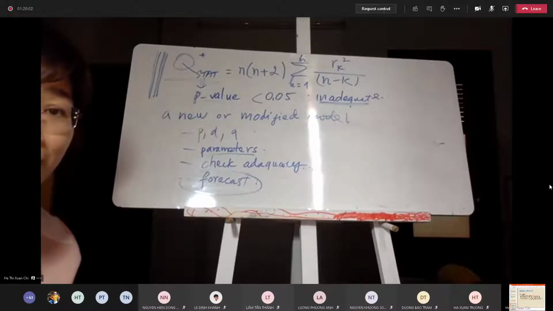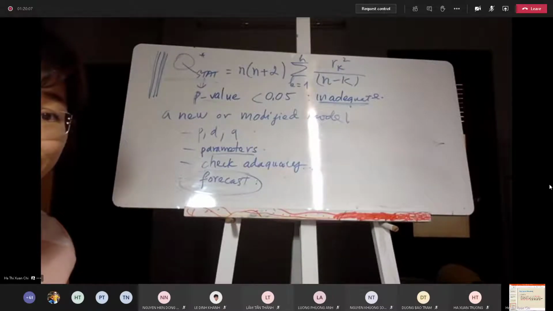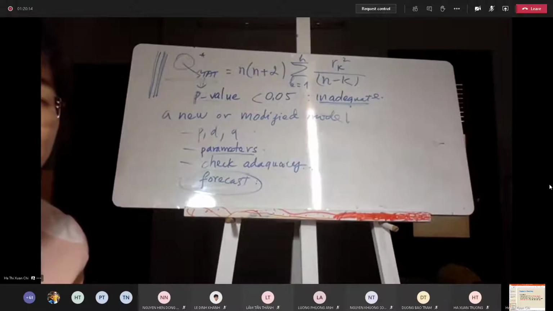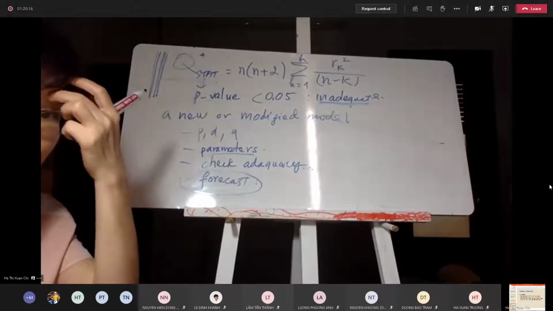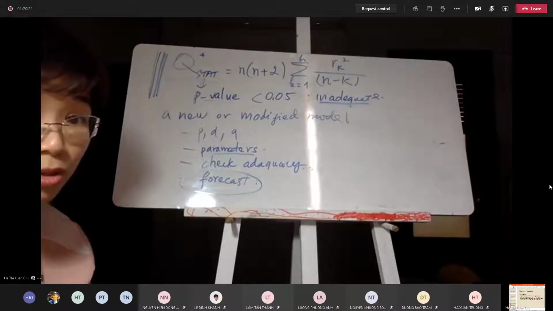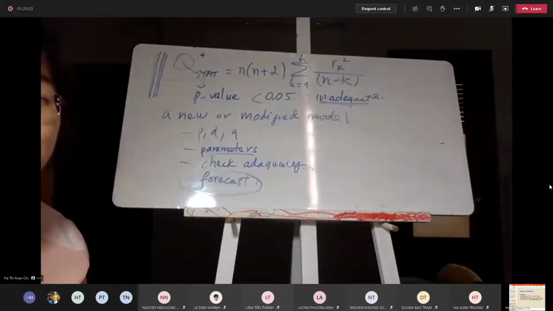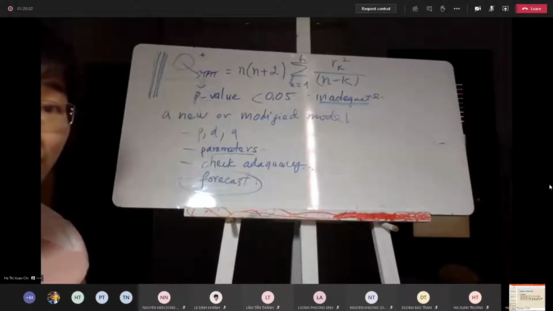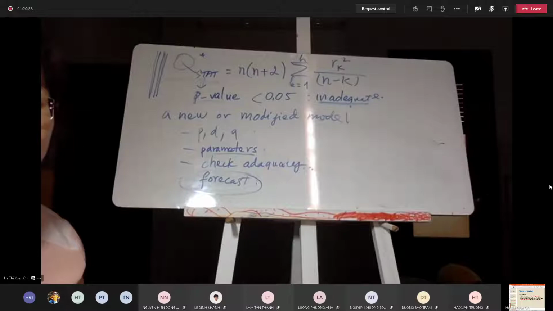Okay, let's go with an example for model checking. For example, a significant spike at the seasonal lag suggests an additional component in the chosen model. A significant spike at a small lag suggests increasing the non-seasonal AR or MA component of the model.